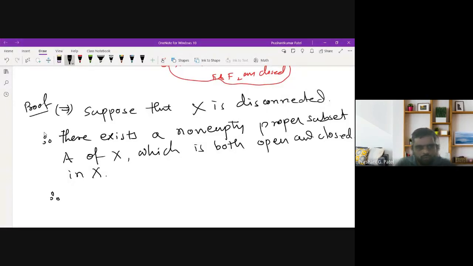So therefore, X minus A is also both open and closed, because the complement of a closed and open set is closed and open.